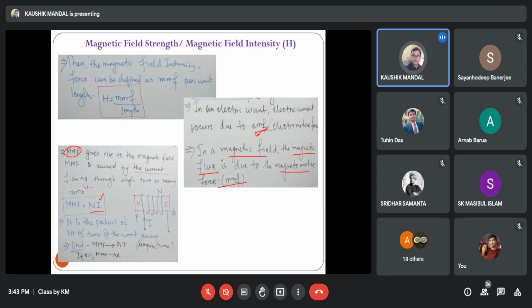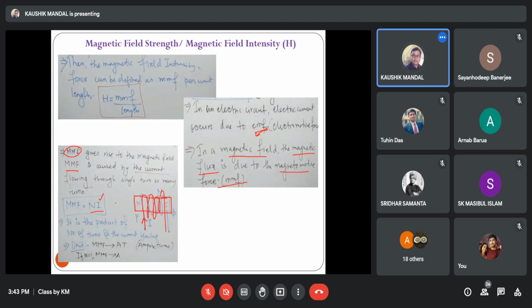So this magnetomotive force is basically caused by the current flowing through a single turn or many turns of the conducting wire. If we consider a conducting bar and the conducting wire wound on this particular bar, and current is flowing through this wire, then due to the flow of current, magnetomotive force will be created.